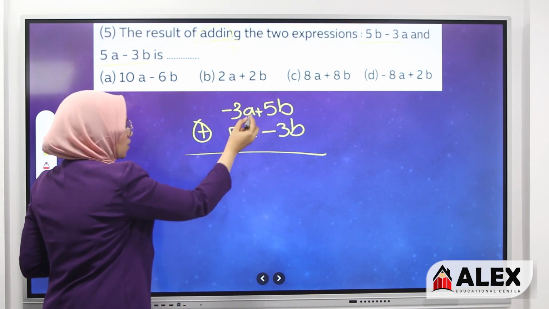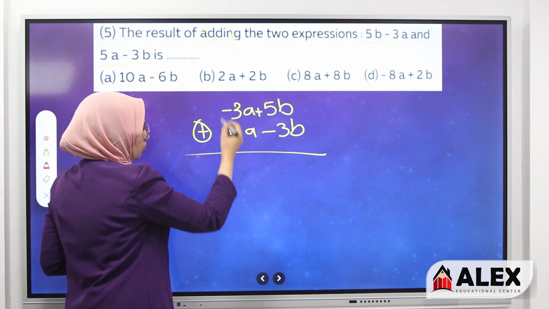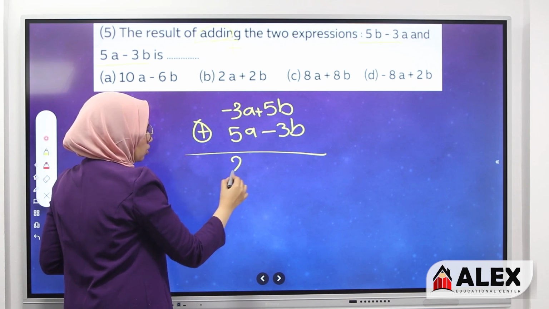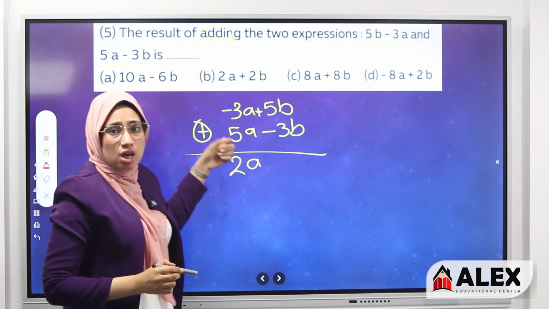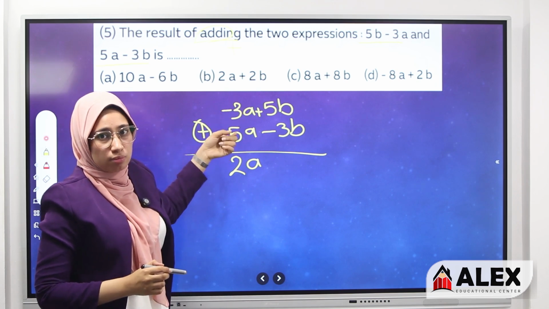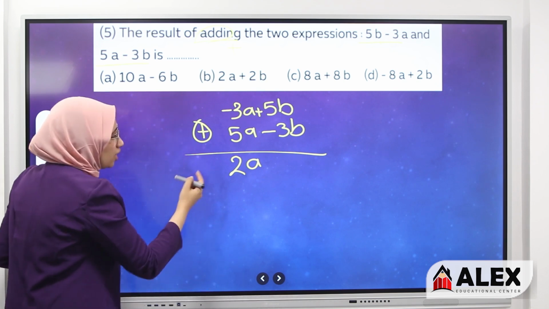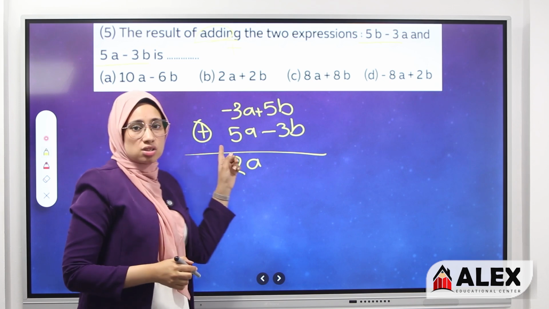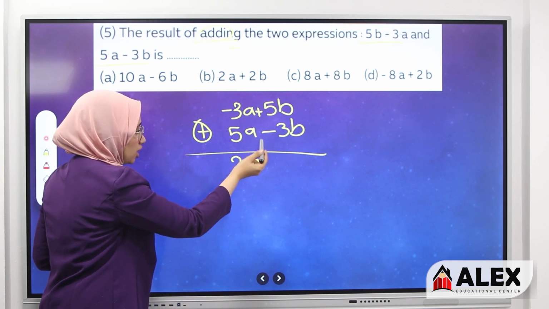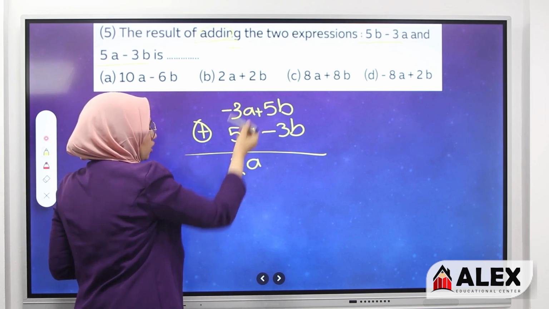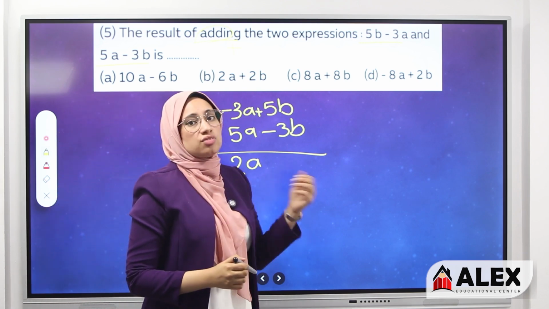Okay, negative 3 plus 5, so make 5 negative 3, it equal what? 2, positive 2a. Why? Different sign, one of them negative and one of them positive. We make what? We make subtraction and put the sign of the greatest number, which here the greatest number is what? Is 5. Okay, so negative 3 plus 5a equal 5 minus 3 equal 2, and positive because 5 is the greatest number here, is a positive number.